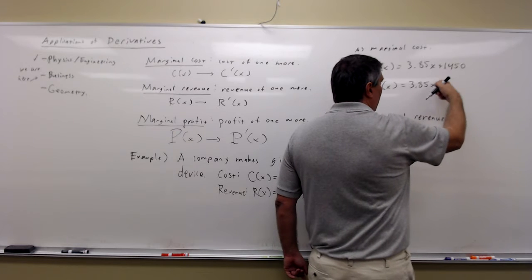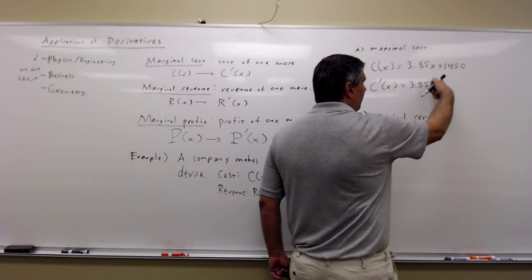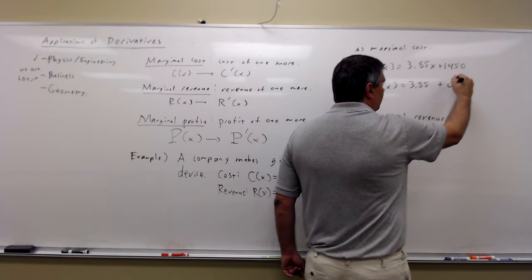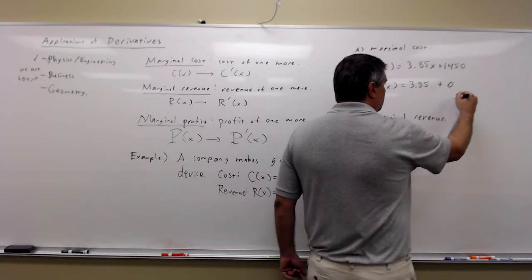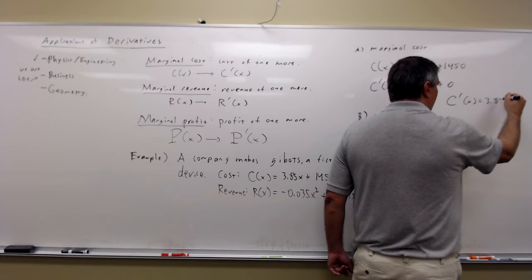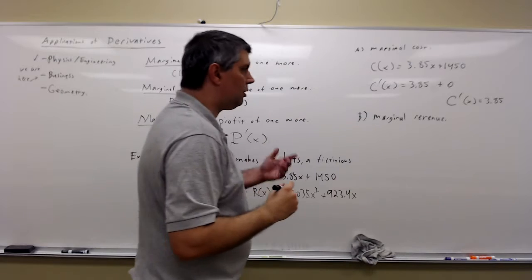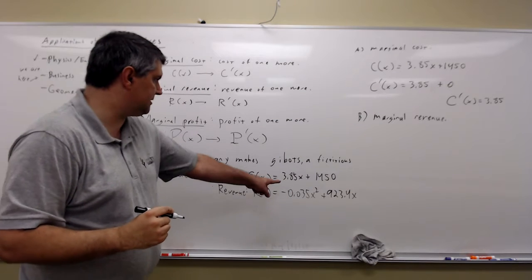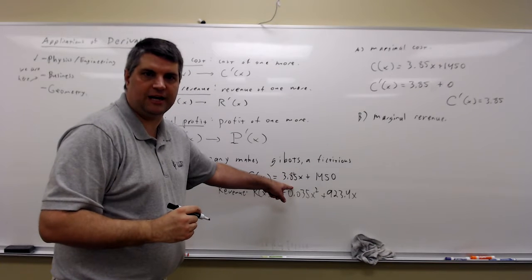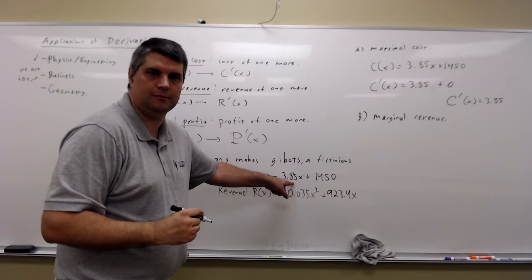The derivative of something times X is just the something, and the derivative of the constant is 0. So the marginal cost is 3.85. Which shouldn't surprise anybody because the fixed costs are $1450 and it costs $3.85 to make a unit. Okay?